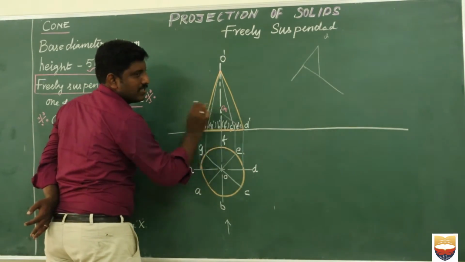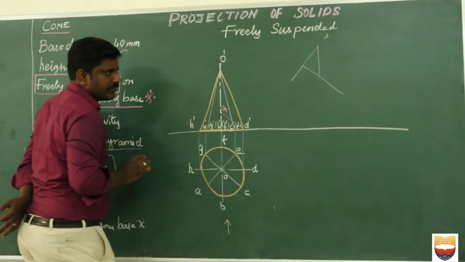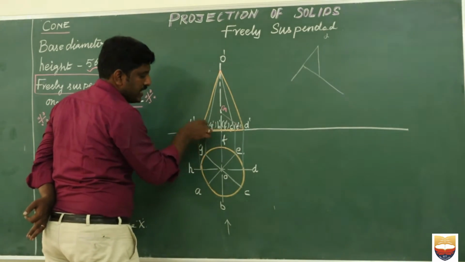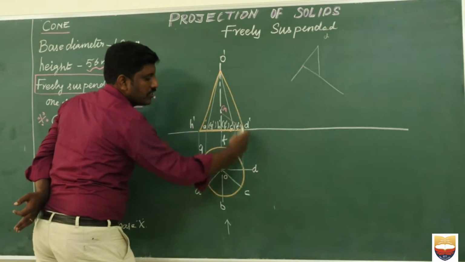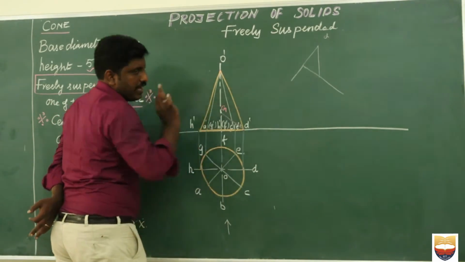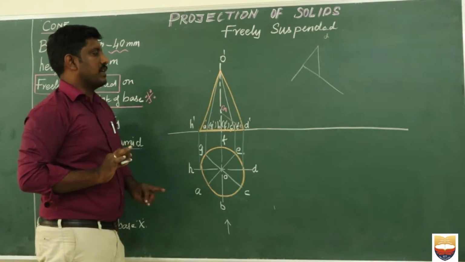You can see here, I am connecting G and D dash. It is not mandatory to connect G and D dash, you can connect G and H dash also. But in all our previous problems we fixed the right hand side, so I have connected the center of gravity to D dash. So this is the first step in our freely suspended problem.